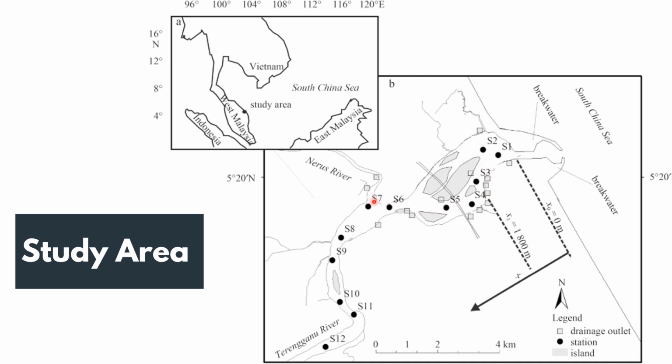Station 7 is where the river junctions with another river, a tributary to the Terengganu River, which is the Nerus River. And further up we have stations 8, 9, 10, 11, and the most upstream is station 12 here.